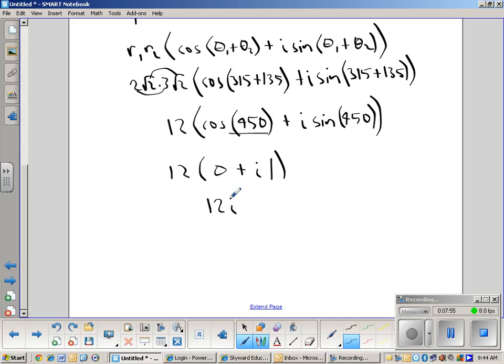I'm surprised. I really thought we were leaving them in polar form. I did have a couple other examples here, but other than one of them I left in radians. I think this is as difficult as they come.